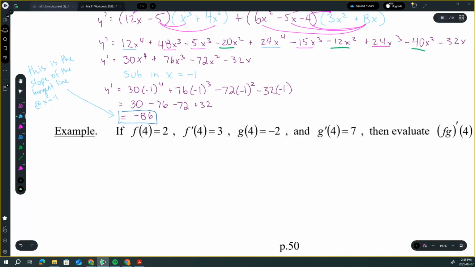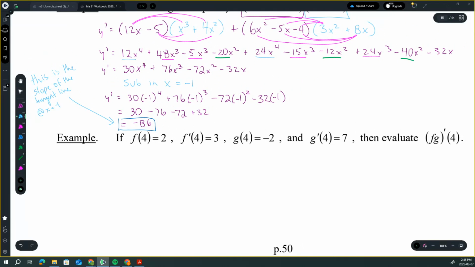Okay, so I'm going to go back to writing out the formula here just so it makes sense. So fg prime of 4. This should be at least a little bit familiar from Math 30-1.